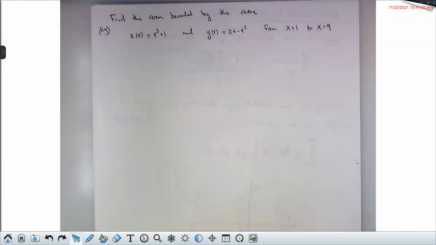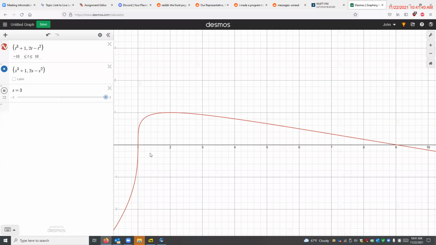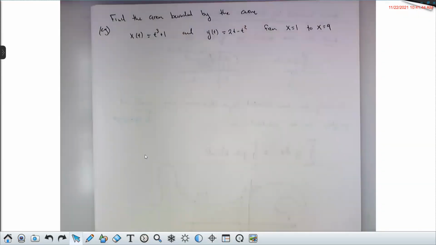Oh, so a few little challenges here. First, even if you have the graph, you have x values here, not t values. So I need to find the t values that correspond to these x values. Second, this is not a curve y equals f of x, so I have to set up the integral as a parametric curve integral.